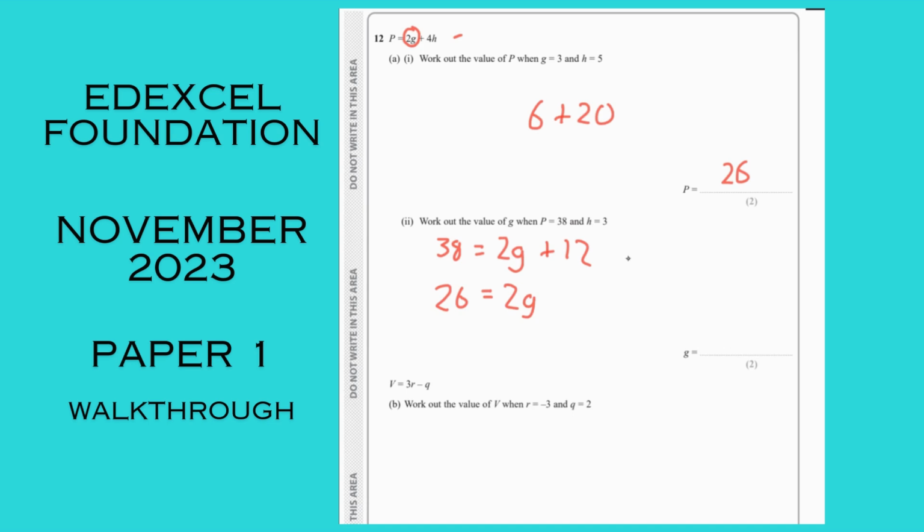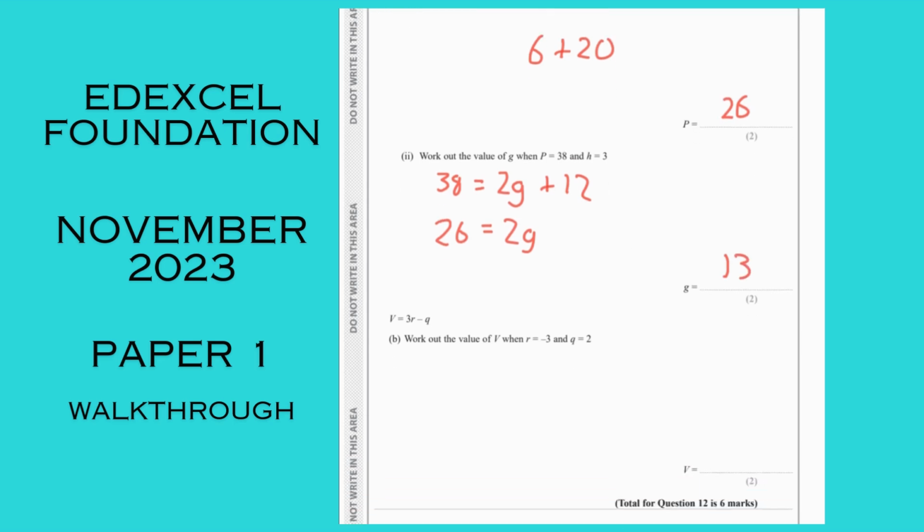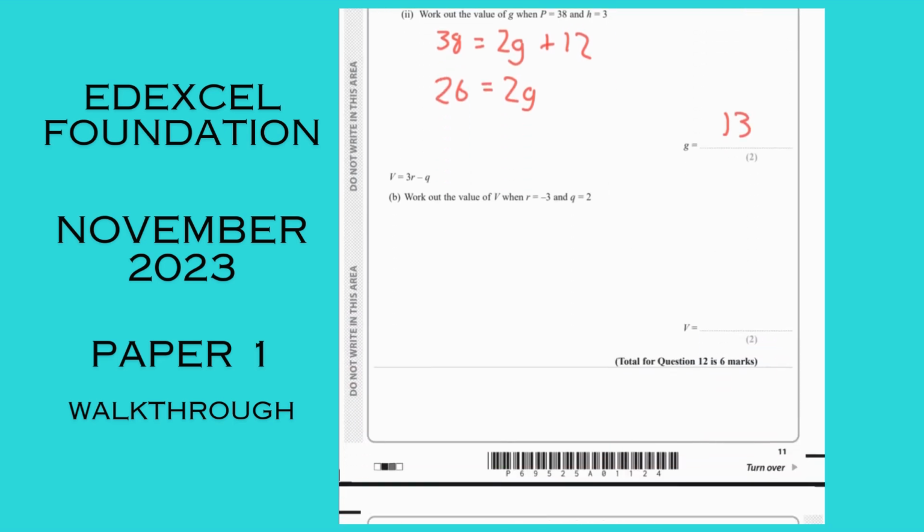And we've got 2G, value of, we want 1G, so halve it. Divide it by 2. On to V, negatives coming into play. Take care. V equals 3 lots of whatever R is, 3 lots of -3, -9.